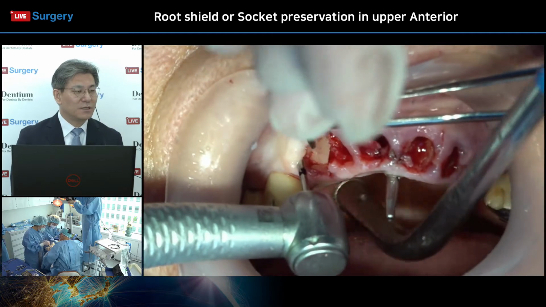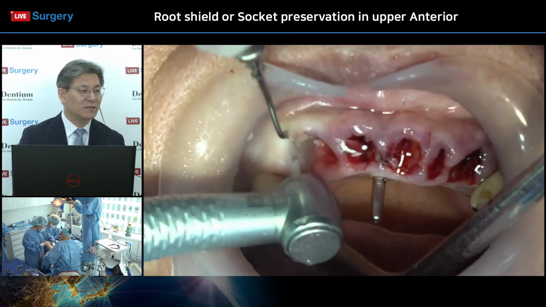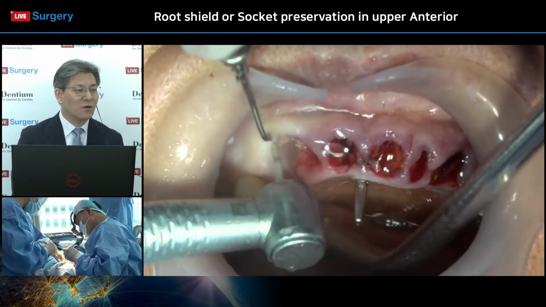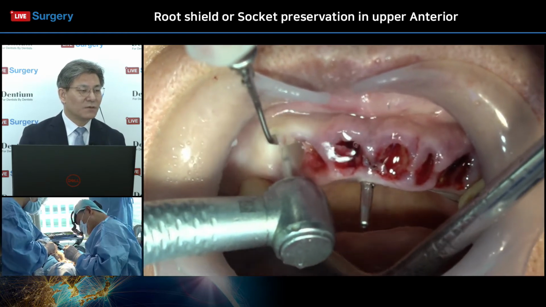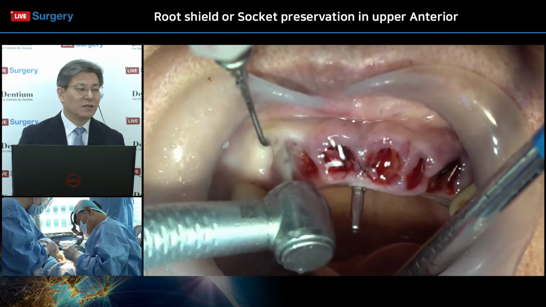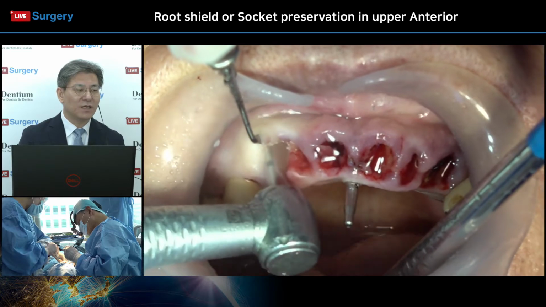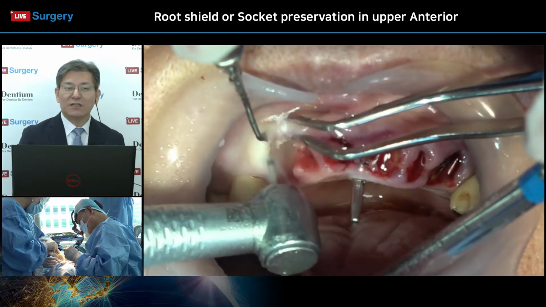Yeah, this flattening procedure is a very important sequence because of the frequent complication of this socket shield technique. Sometimes we can see internal exposure.